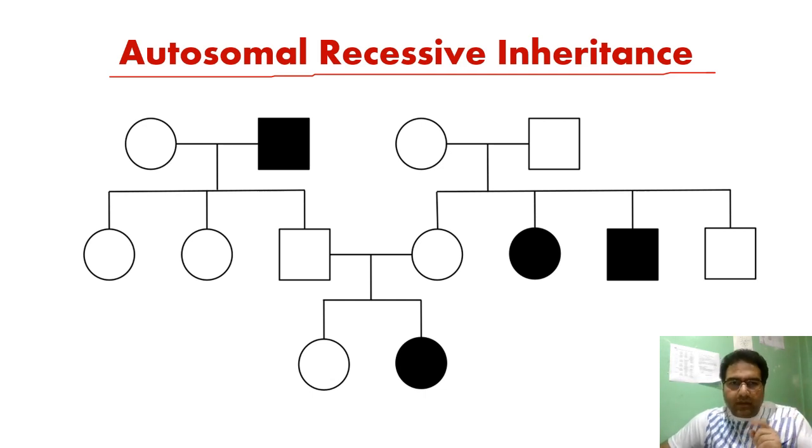Point number 1, the trait skips generations. Second, males and females are affected equally. If both parents are affected, then all children should be affected.